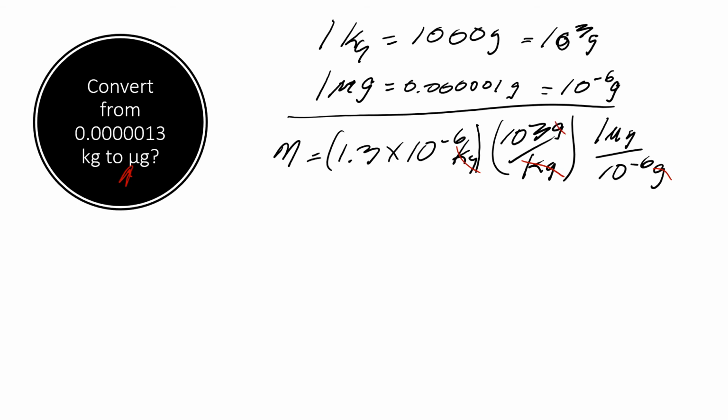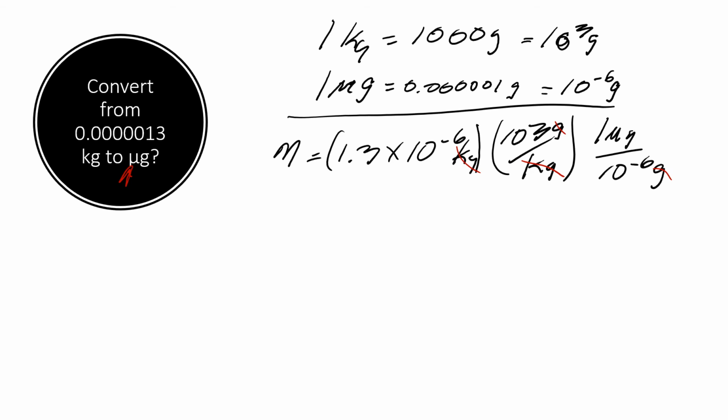Now, what can we do about multiplying these out? You can see 1.3 times 10 to the negative 6 times 10 to the third. We just add the 3 to the negative 6. So we end up with 1.3 times 10 to the negative third. And then we have a negative 6 in the denominator, so we're going to add on a 6 there.